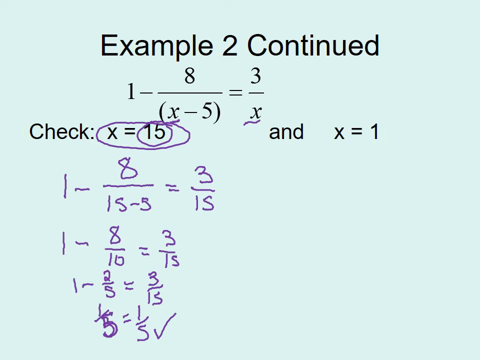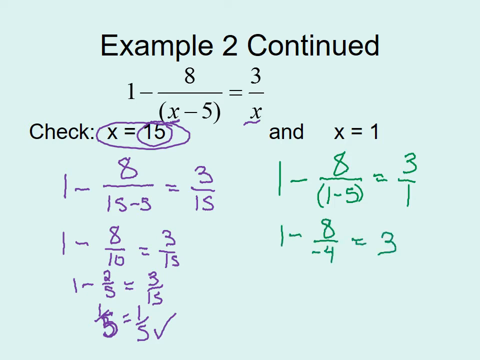Now I'm going to do the same thing, but now I'm going to use 1. So I have 1 minus 8 over 1 minus 5 equals 3 over 1. 1 minus 8 over negative 4 equals 3.